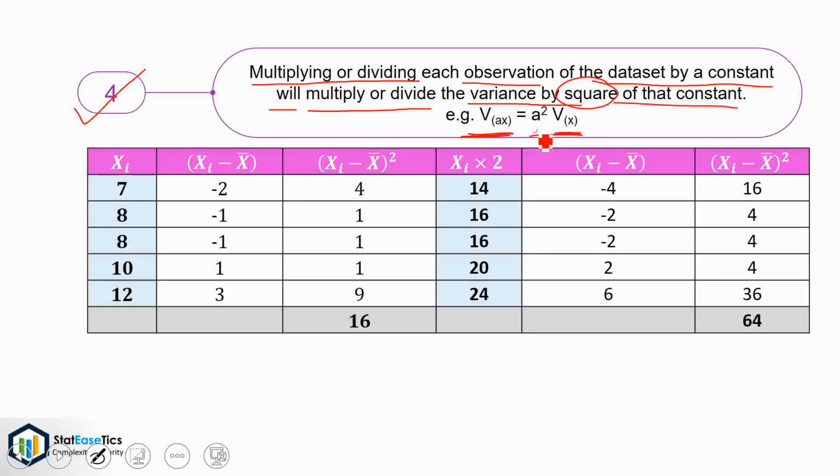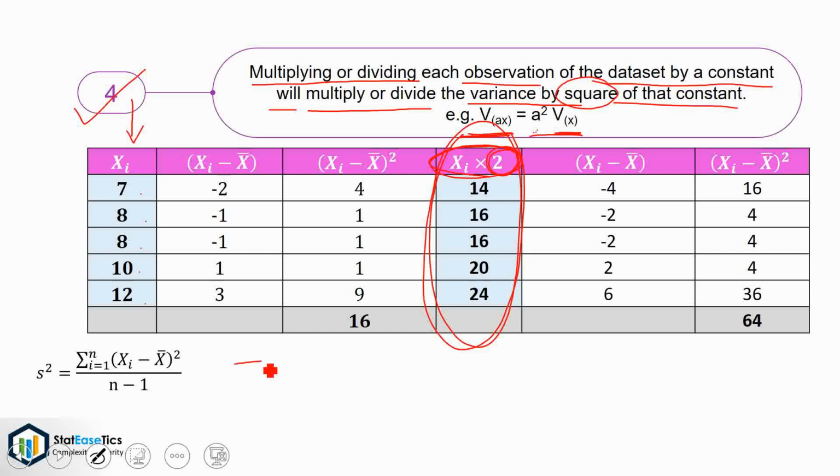Let's see the example. Suppose we have series X with observations 7, 8, 8, 10 and 12 and we multiply it with a common constant 2, then we get the new series as follows. The variance of the original series is equal to 16 by 4, which is 4, and the variance of the new series is 64 by 4, which is equal to 16.